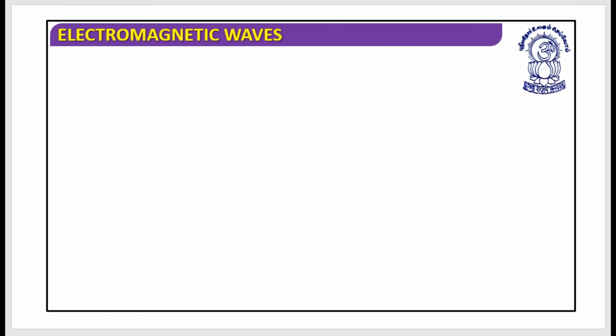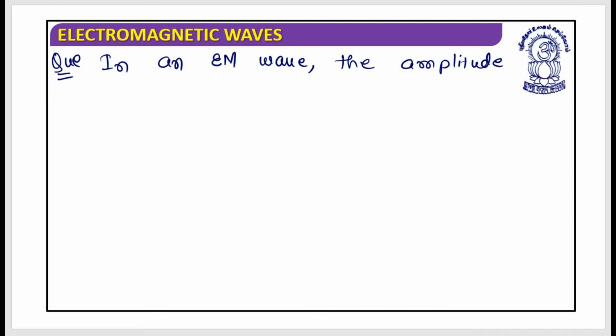Suppose the question says that in an electromagnetic wave, the amplitude of electric field is 1 volt per meter.